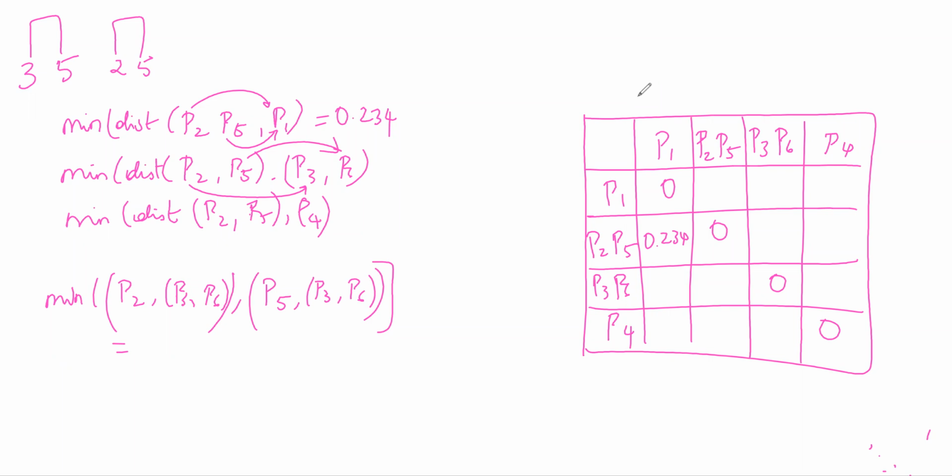Ma'am, for that it was 0.143, ma'am. Yeah, correct, 0.143. So from here to here it is 0.143. Okay, the final one, P2 to P4 and P5 to P6, P4? Ma'am, 0.21, ma'am. 0.21, yes, correct.